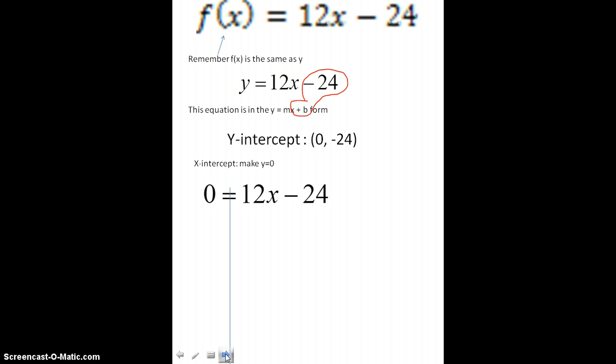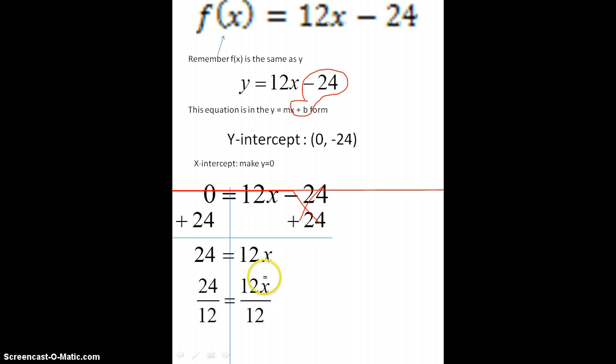Now we're going to solve. So remember, to get x by itself, you move the negative 24 first by adding. So that's going to cancel this out. And you're left with 0 plus 24, which is 24 equals 12x. Now to get x by itself, you have to divide both sides by 12.